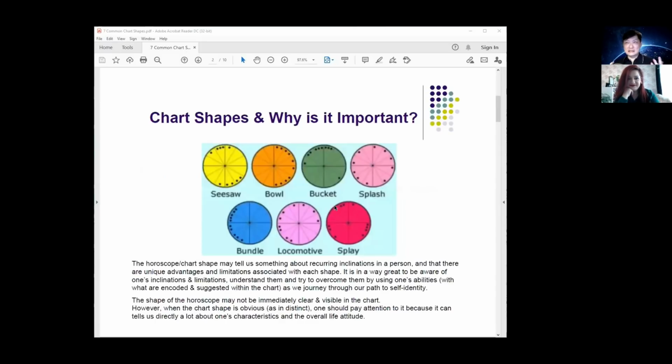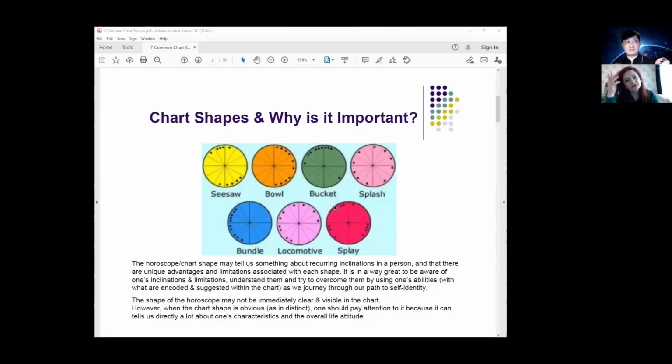And why are we talking about this? For me personally, in my readings, I talk about the chart shape of a person when I start off reading with a client, because this will set the tone in helping to identify what are the inclinations, or what actually impels the individual or client to be the way that he or she is, how he or she actually uses his energy, where are the important ways in which energy is directed.